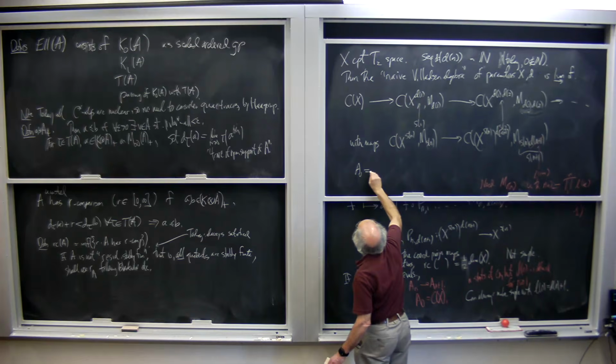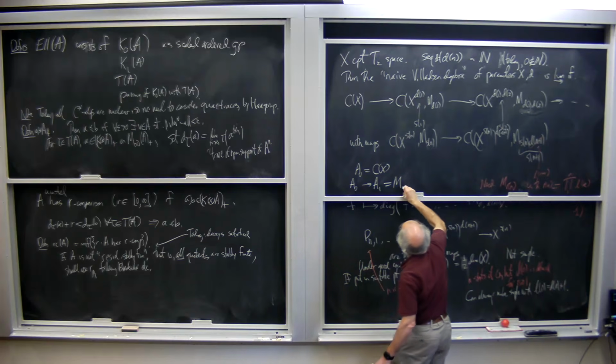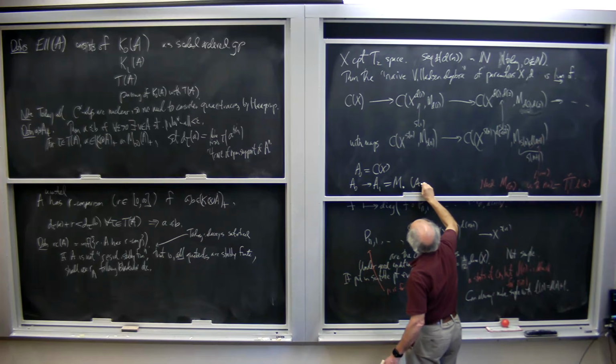A0 equals C of x, and then A0 to A1 equals matrices over A0, tensoring A0 with the same number of tensor factors here.